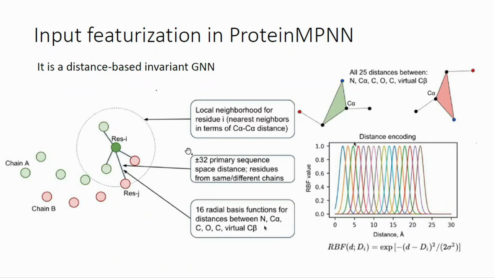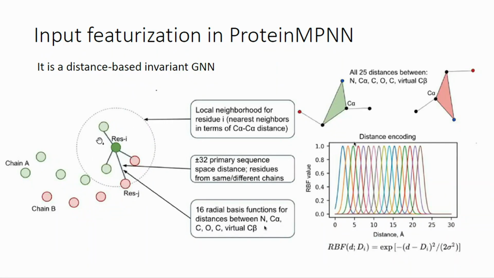Basically, you can see that this is a distance-based invariant GNN like SchNet, right? So what it does is characterize the pairwise distances between the C alpha of 2 residues. And it looks at the neighborhood of each amino acid, and it takes, I believe, the closest 24 amino acids as the neighborhood defined in 3D space.